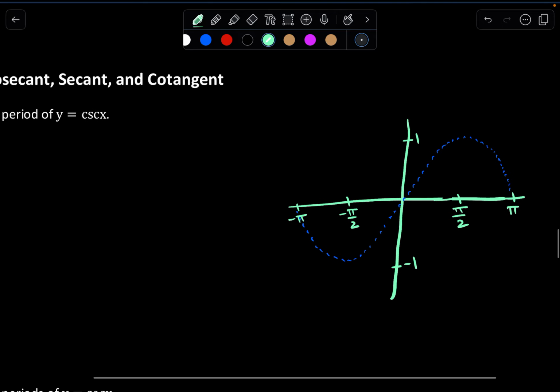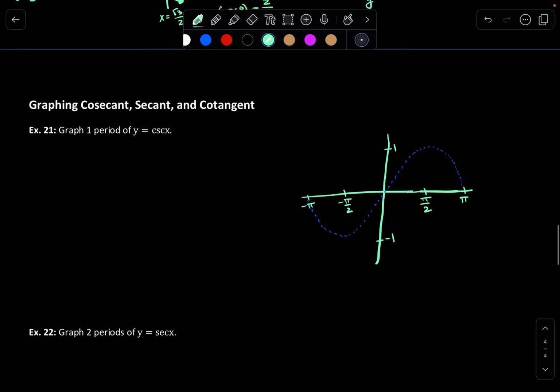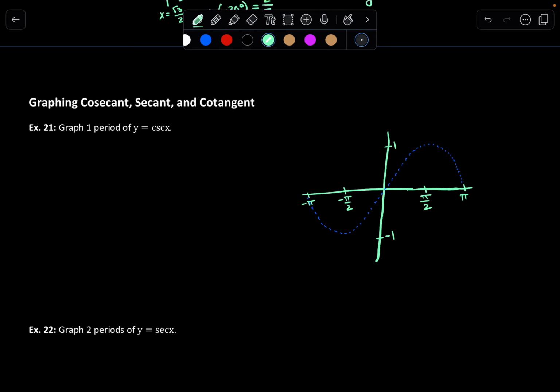Okay, so cosecant, we'll go ahead and start writing this down. Cosecant has almost the same attributes as sine. Now, the sketch is obviously going to look different, but when I say attributes, I mean that the period is also 2 pi.